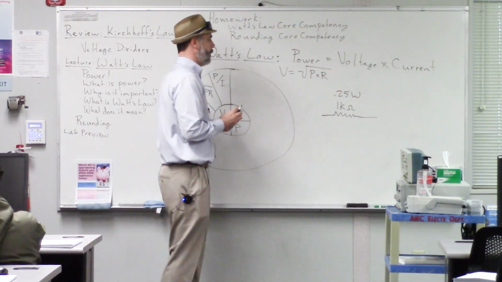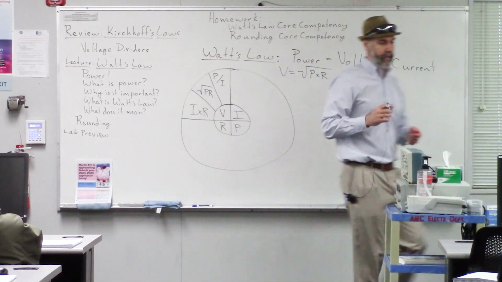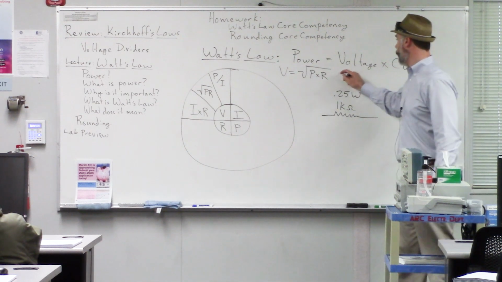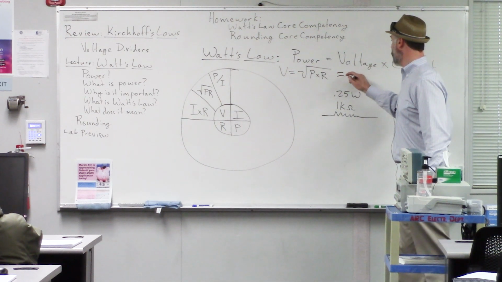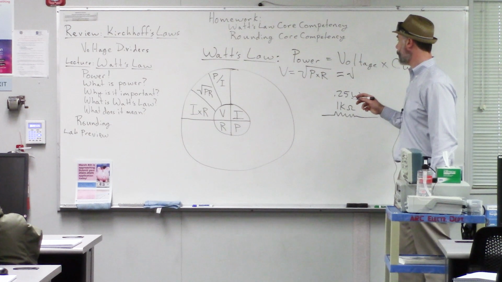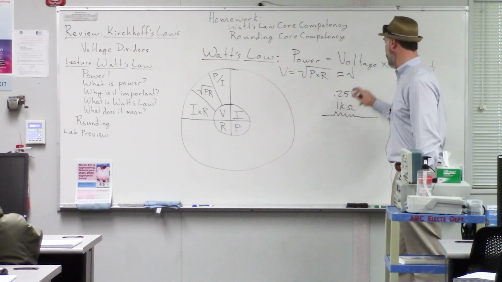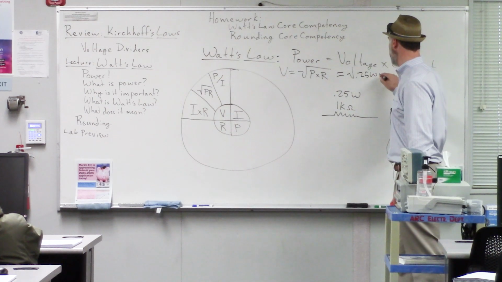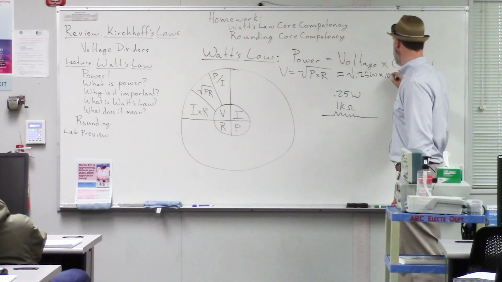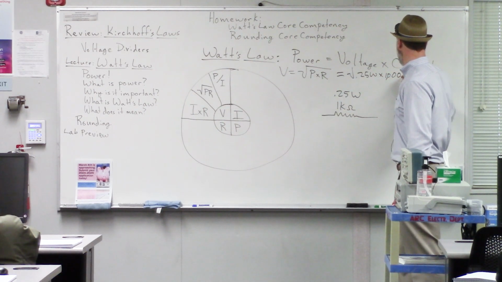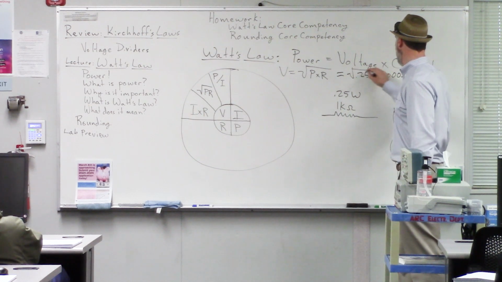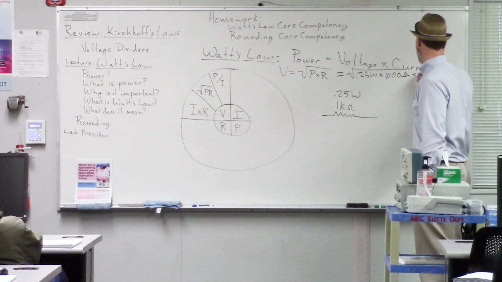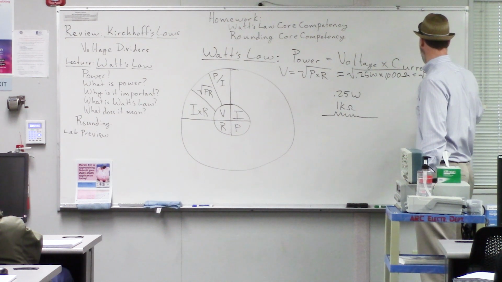In this case, that would be the square root of the power, 0.25 watts, times 1,000 ohms. So that would be the square root of 250.